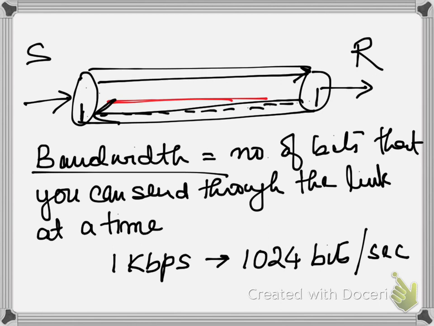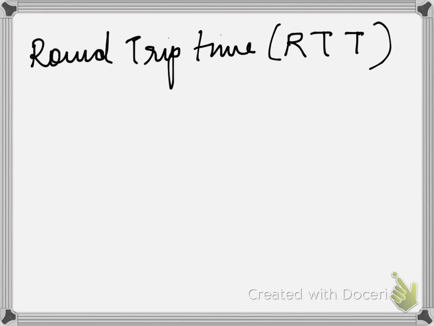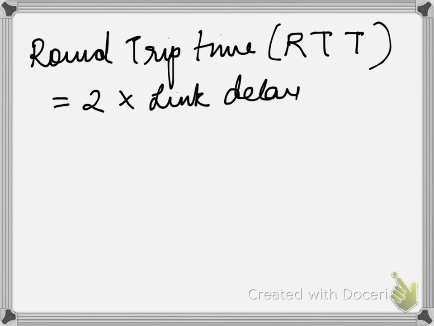So this is a round trip delay. This is approximately equal to 2 times the link delay. Again, we are not talking about extraordinary delays. So in general, it can be represented as 2 times the link delay, one for going and one for coming back.